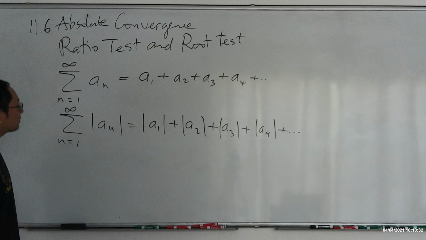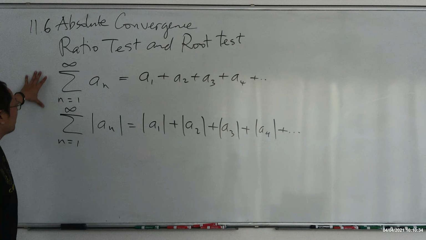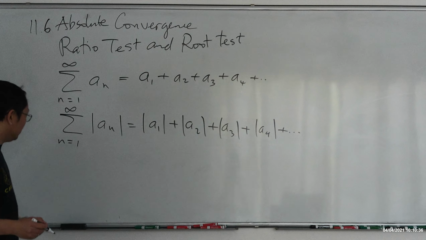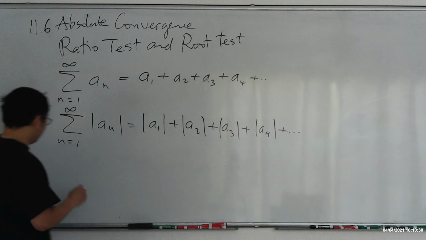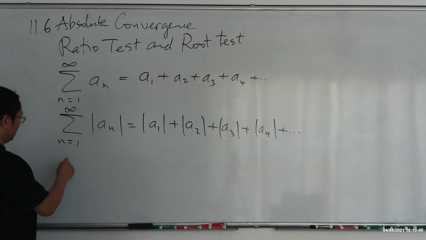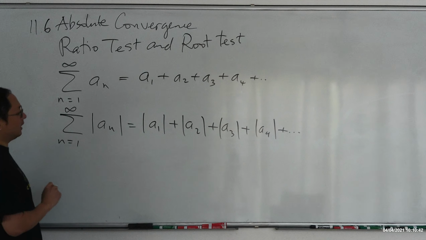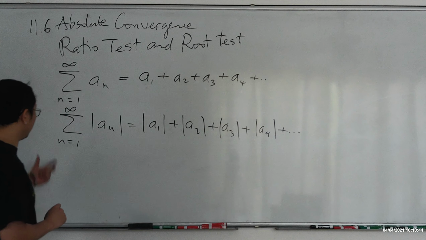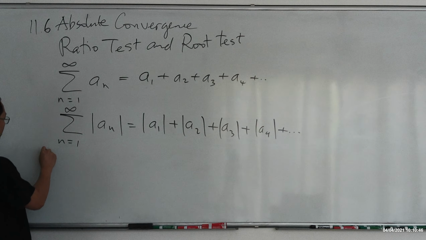Okay. Now we're going to talk about convergence of those series. I need some room to write. I wrote too big right here, so let me try to write small.